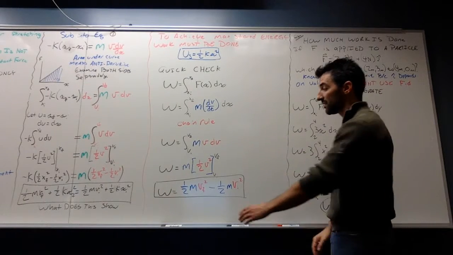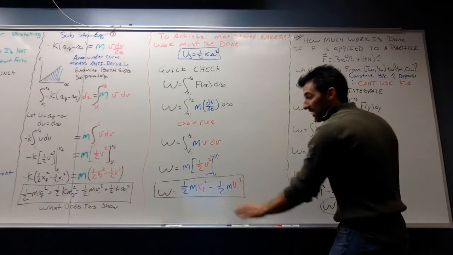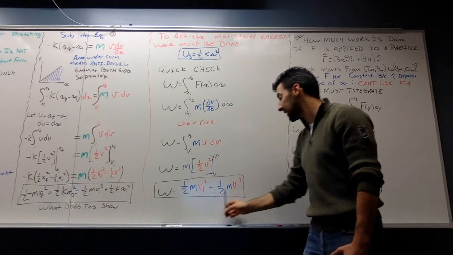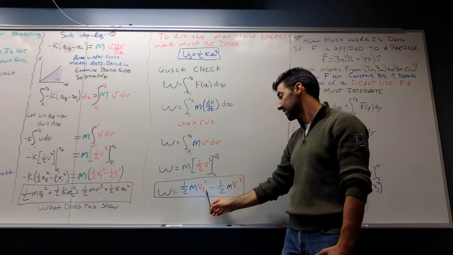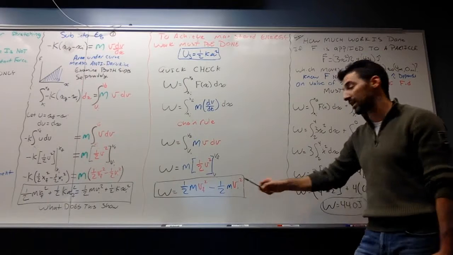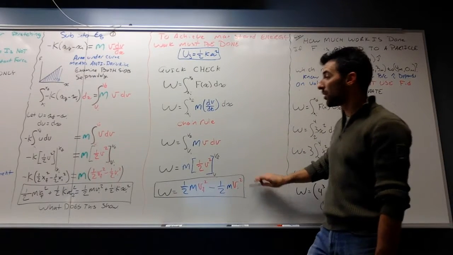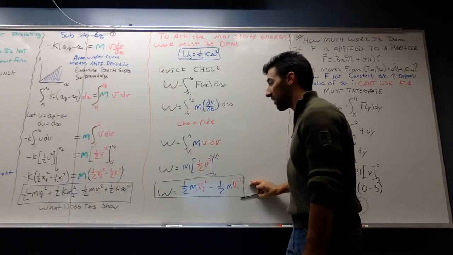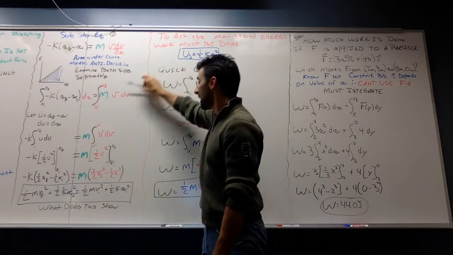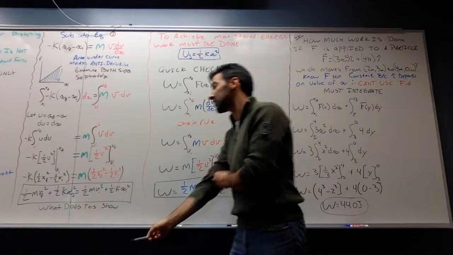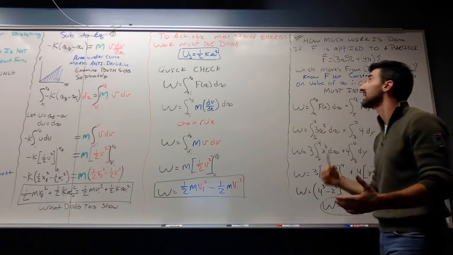Take the antiderivative, and I'm left with, by definition, work is my change in kinetic energy, 1/2 mv squared final minus 1/2 mv squared initial. So this quick check shows the work energy theorem works the second way we did it, and it proves that this conservation of energy theorem does exist.